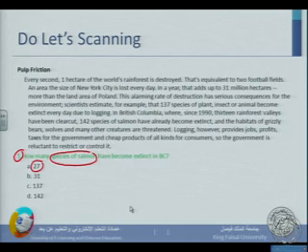Now number 27. You can find it here. Now we use scanning. For example, number 27. Okay, so it's not there. 31, it's right here.